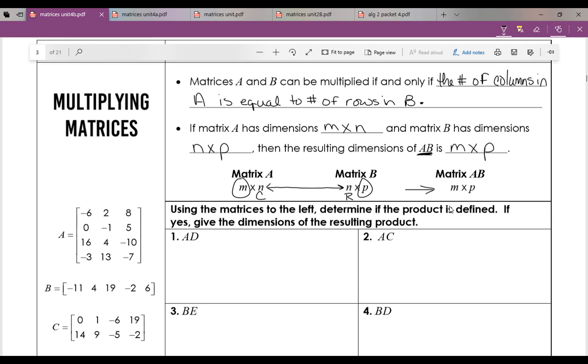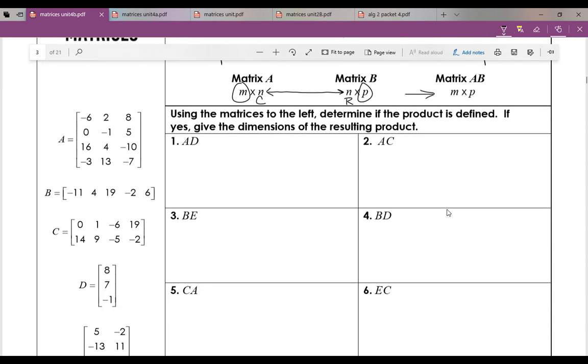In the first set of examples, all the rest of the way down to the bottom of the page, we are going to determine whether we can actually multiply these matrices together or not. I need to know if I can multiply A and D together. If we can, I need the dimensions of the resulting product. What are the dimensions of A?